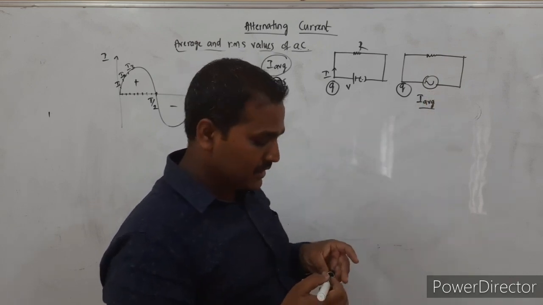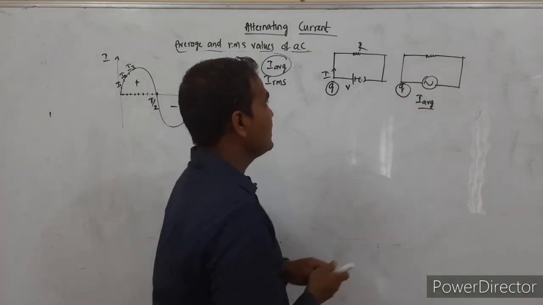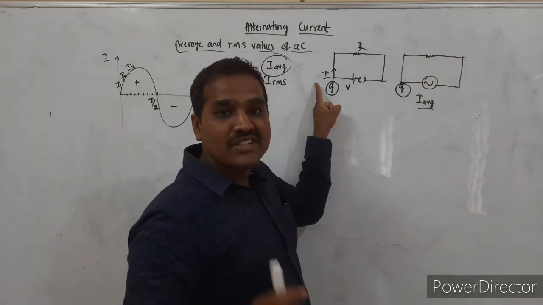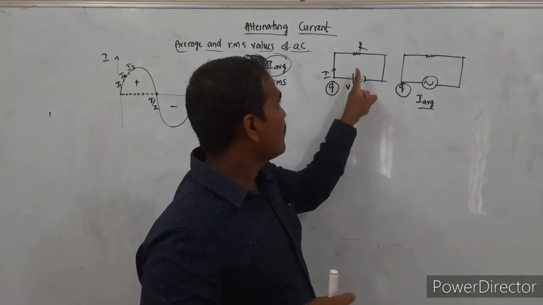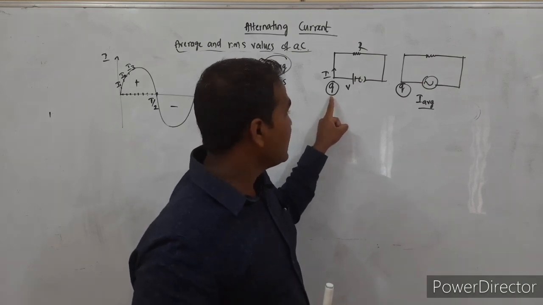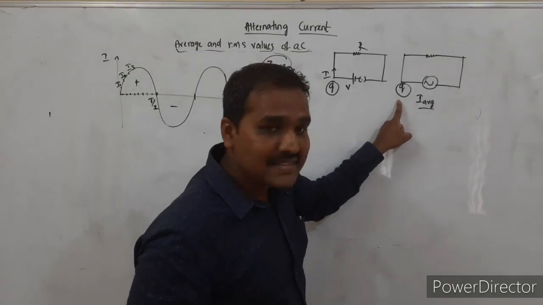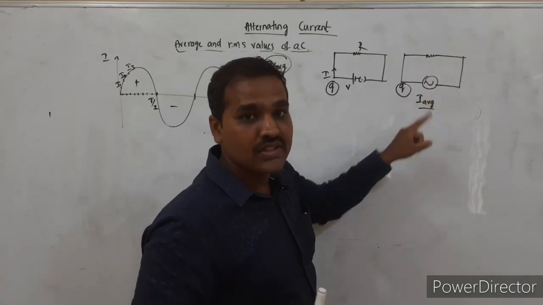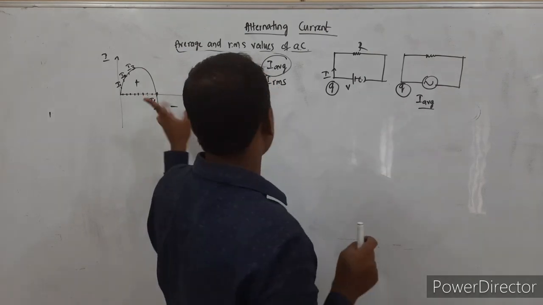I repeat again, the average value of alternating current is that value of steady current flowing through the DC circuit which sends the same number of charges through the circuit as sent by the AC source in the same time, that is T by 2.